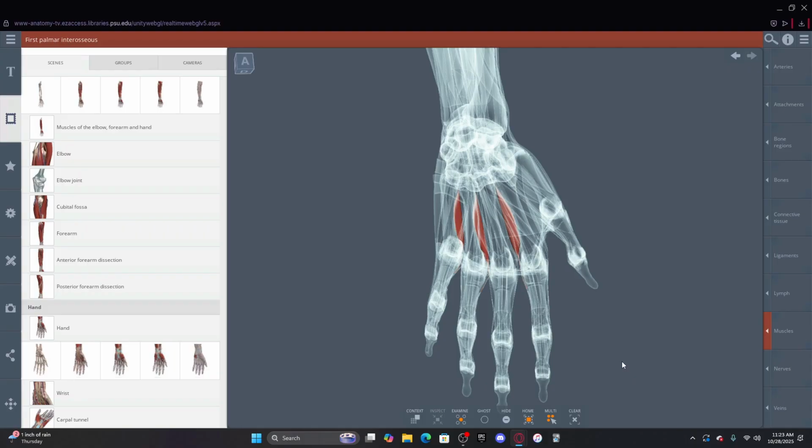The palmar interossei go from the metacarpals to the proximal phalanges, and they adduct the digits with respect to the middle finger, or the third digit. So imagine moving your digits toward your middle finger. They're responsible for adduction of your digits with respect to your middle finger.